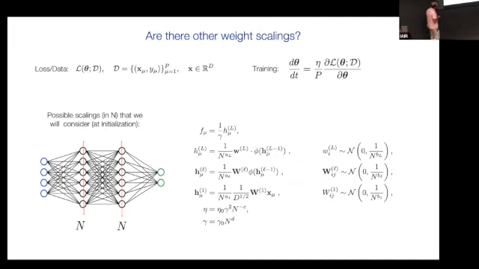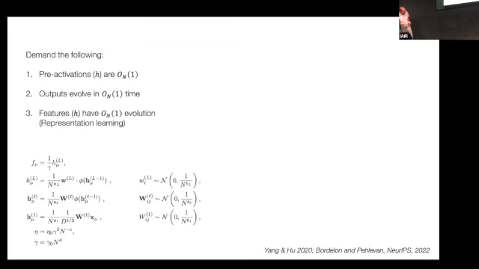Okay, the question is, how should I choose these A's and B's and C's and D's such that as N goes to infinity, things simplify, meaning there's some kind of concentration, whatever it is, but yet I get a meaningful limit where there's actually some kind of feature learning happening.